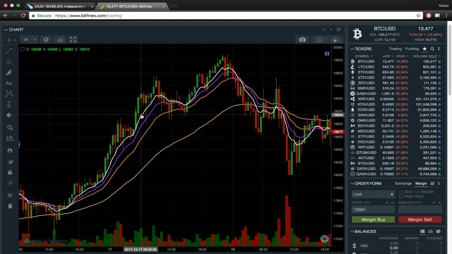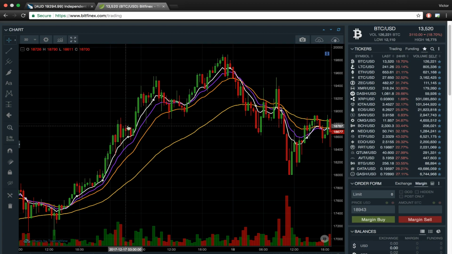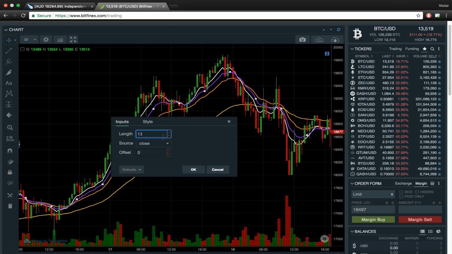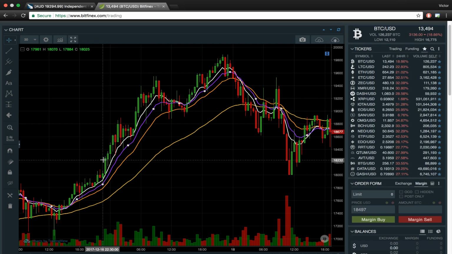So, for example, if I click on this white line here, it's 8. Here on the 30-minute chart, that line where it is right now is representative of the previous 8 candles, periods in time. My second line is the same thing, but it's 13, so it's the average price we've seen over the last 13 time periods.